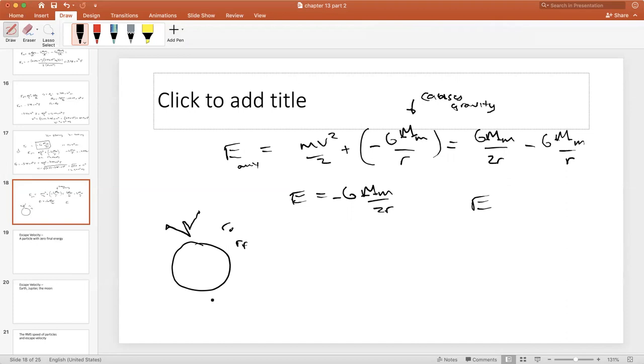Gravity is a conservative force. So the energy initial is equal to the energy final as long as gravity is the only force acting. It's a conservative force, and therefore we just write down these equations. We don't have to integrate. We don't have to do anything like that. And we get this, okay?